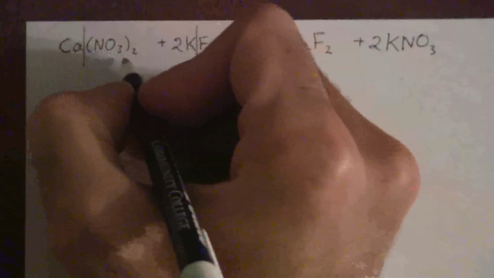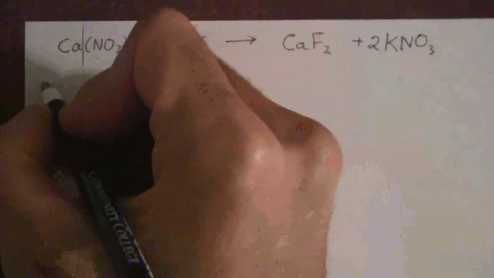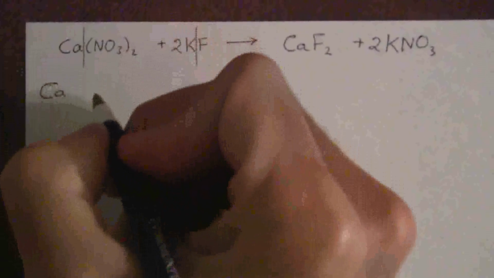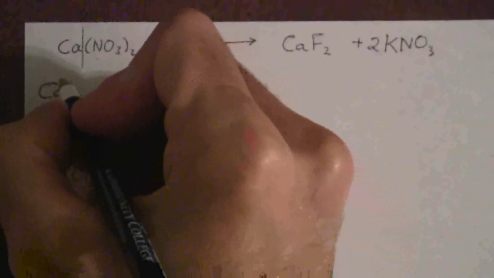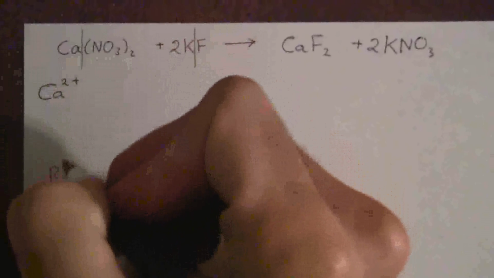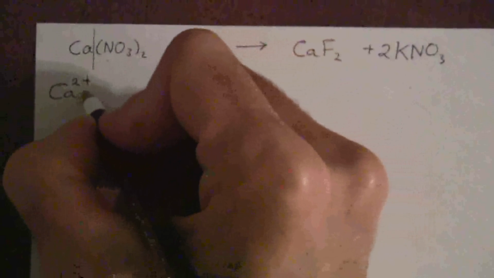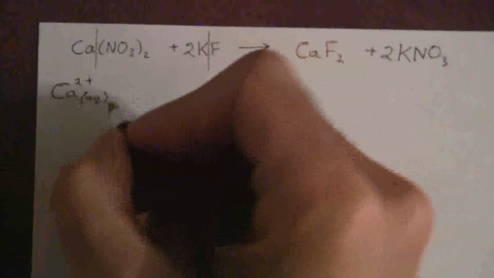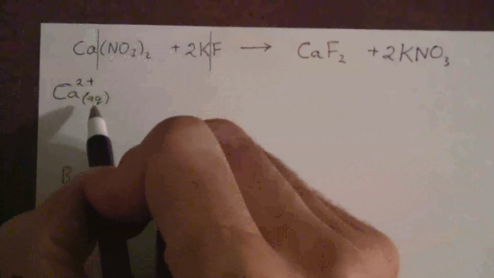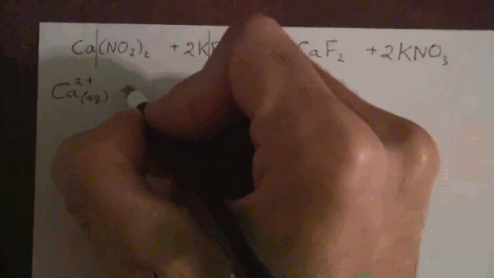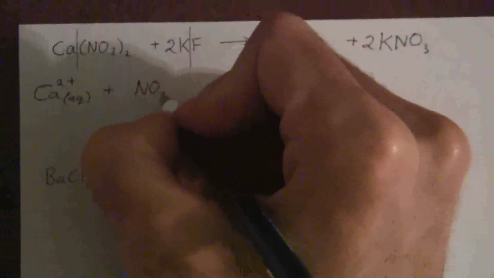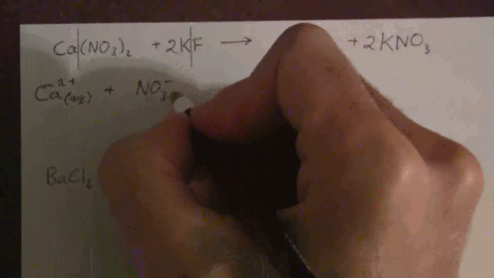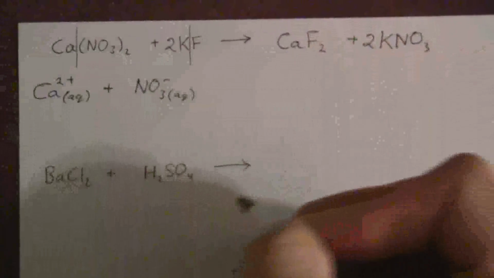And when it dissolves, the calcium ions separate from the nitrate ions. So I'm going to write this as calcium, and this is not just calcium metal, okay? It is the calcium ions, right? And these require water to separate, okay? So that's going to be aqueous. The calcium ions are now separate from the nitrate ions, also aqueous there.